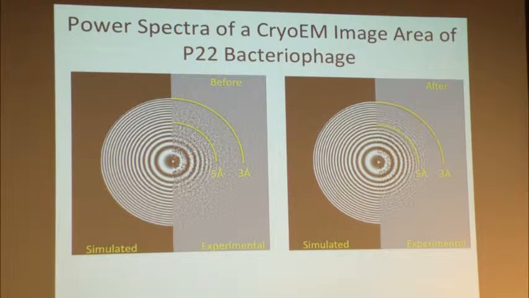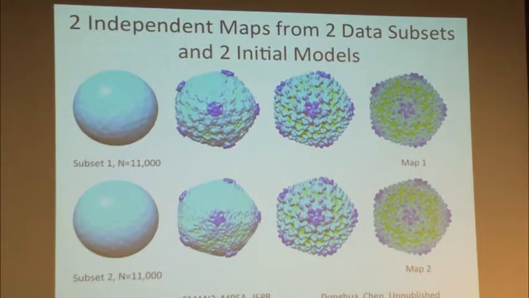Now, once you have that, we have many of these particle images, thousands, tens of thousands. Then we start the data processing from a 2D image to a 3D density. The way we normally do it is to split our data into 2 halves. In other words, if we have 20,000 particles, we put 10,000 particles in one data set and another 10,000 particles in the other data set.